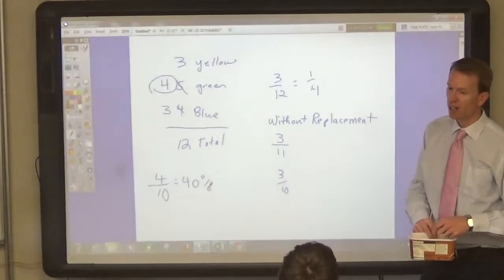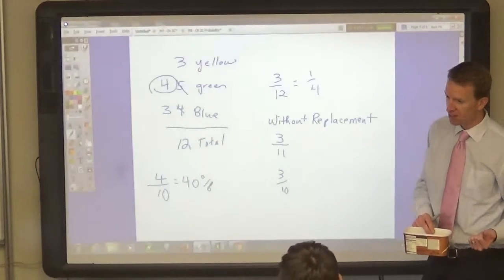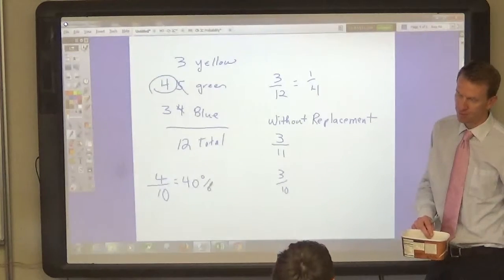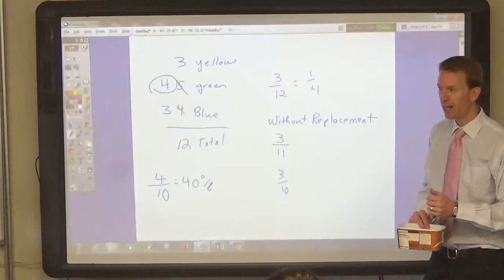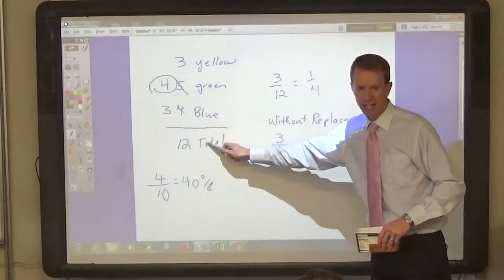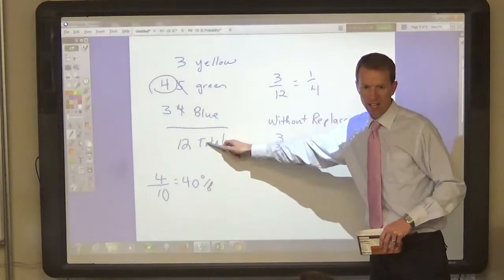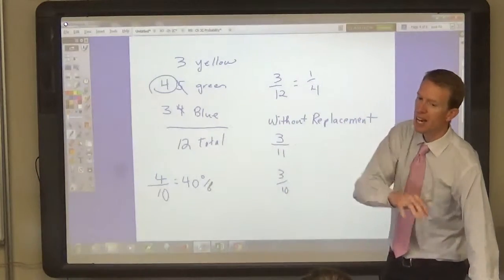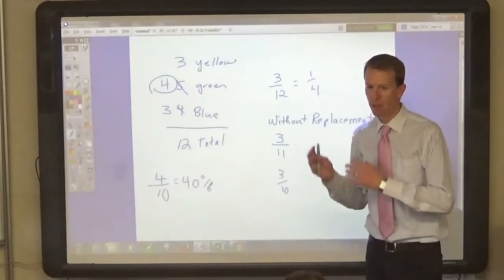So those are dependent events, if we leave them out. If we put them back in, then the total stays the same, and those are independent events. Anytime the results change the next time, those are dependent events.